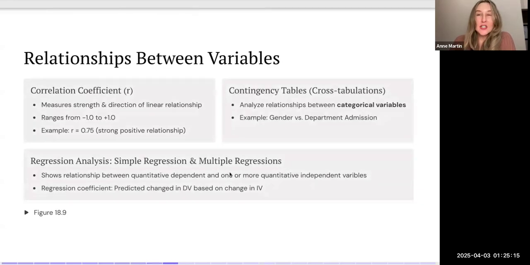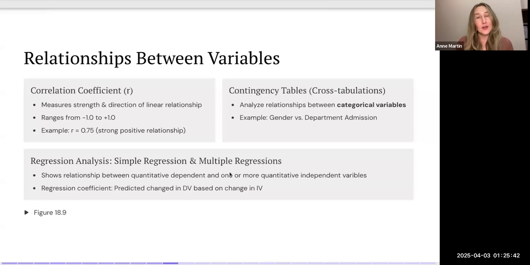So finally, in descriptive statistics, we have the relationship between variables, which is so important in quantitative research when you are trying to understand and quantify that relationship, and when you start to begin engaging in hypothesis testing. So we have the correlation coefficient that we read about in the beginning of the textbook, so make sure that you review this.